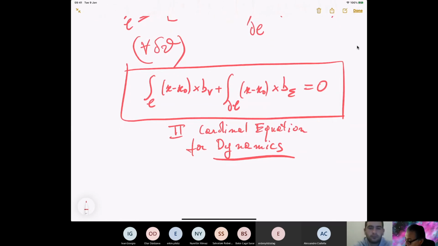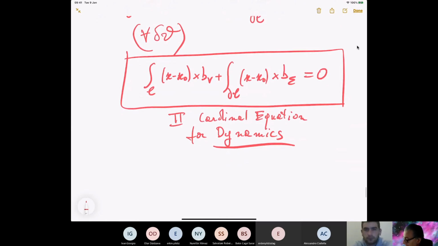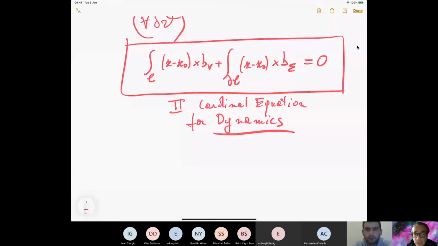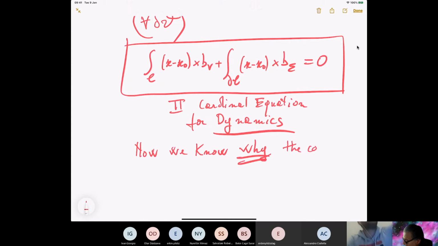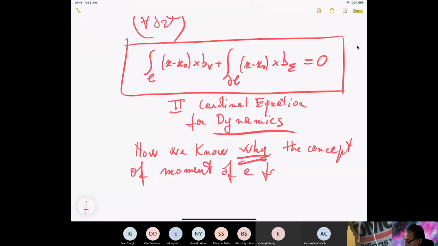Now, probably you have understood why the concept of moment of a force has been invented.